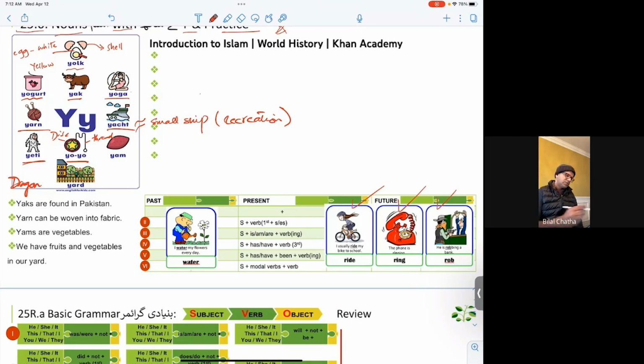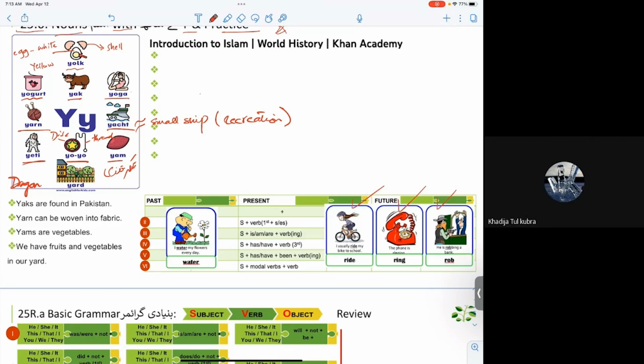Okay, next one. What's the next one? Yam. What is it called in Urdu? Anybody? I don't know, sir. Khadija. Sir, it means shakkar kandi. Do you like shakkar kandi, Khadija? Sir, I don't have an experience of eating shakkar kandi.